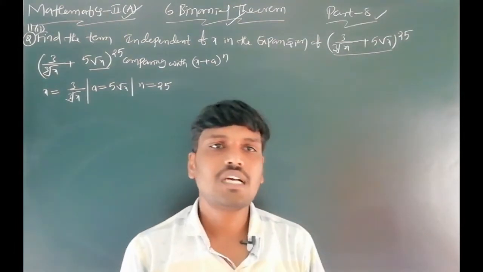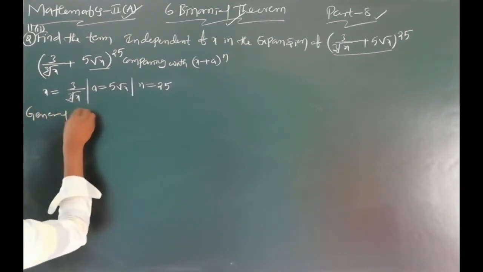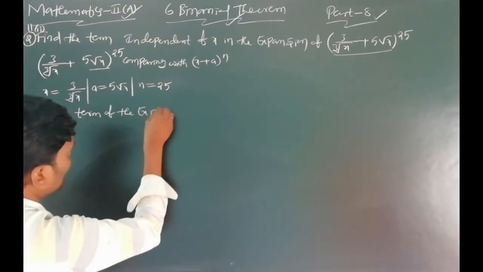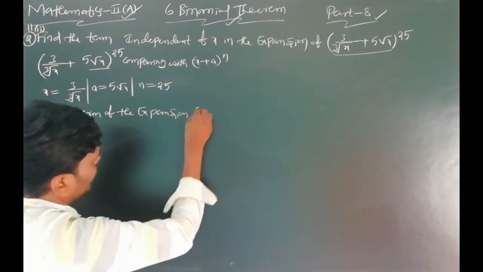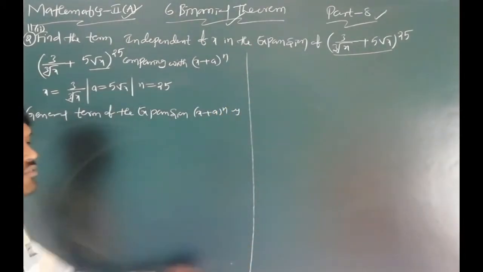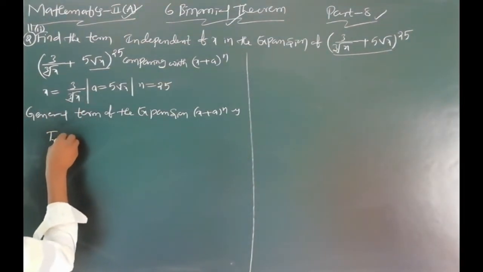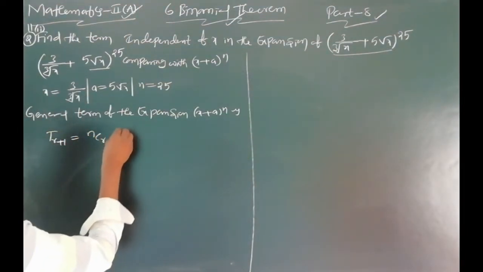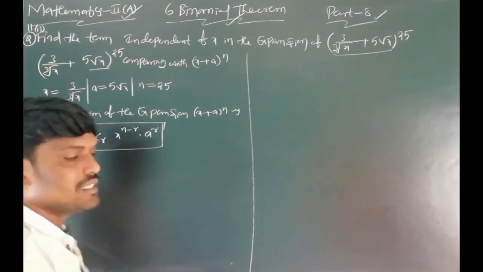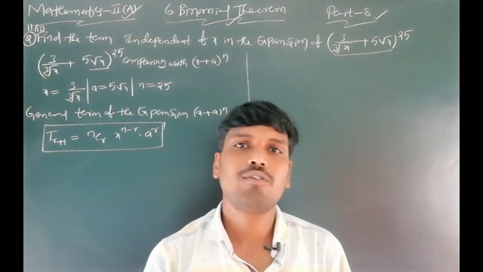After that, the general term. What is the general term of (x + a) all power n? T r plus 1 is equal to nCr x power n minus r a power r. This is the general term of the expansion (x + a) whole power n.